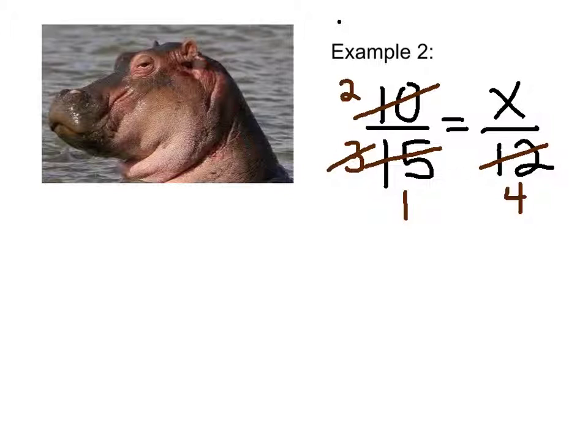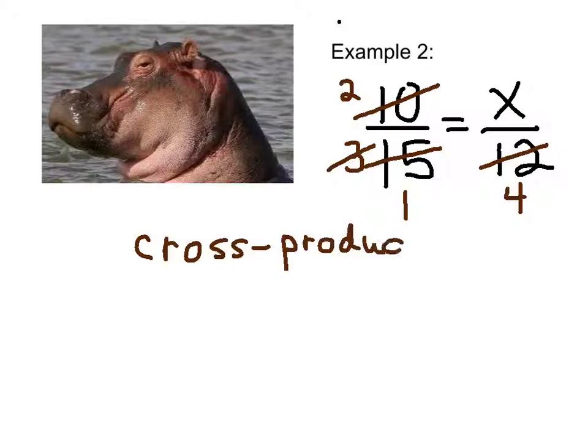So now we have done the first step, which is box canceling. And now to solve it and finish it off, we're going to do our cross products. Our cross products are 1 times x and 4 times 2.